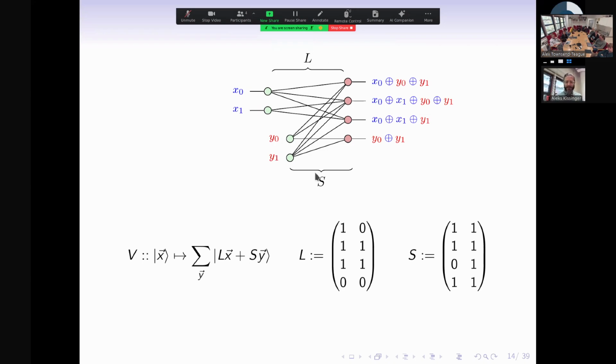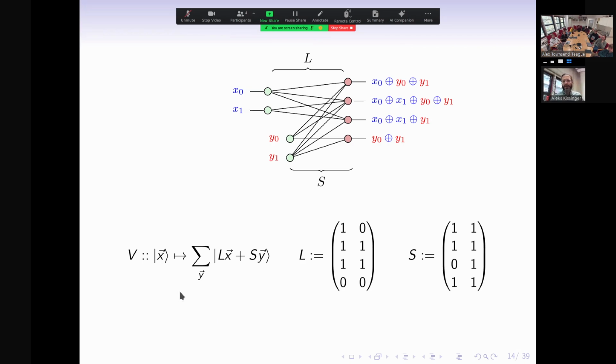So this isometry will take an input bit string x and map it to a sum over output bit strings. It's going to be L applied to x plus a sum over all y of S applied to y. If people know CSS codes, these are the code words of a CSS code.